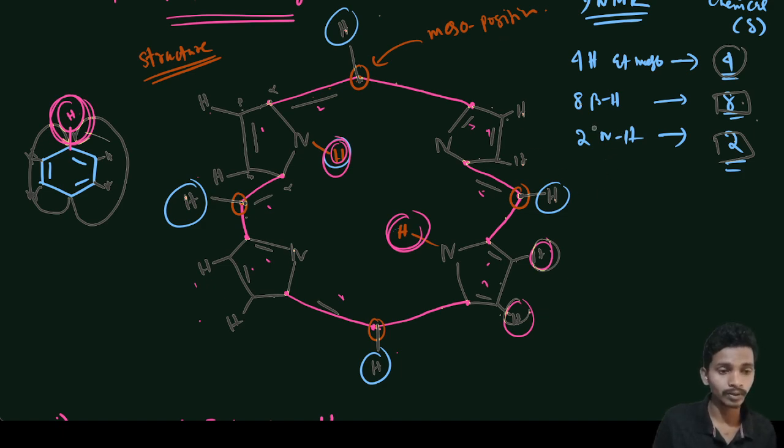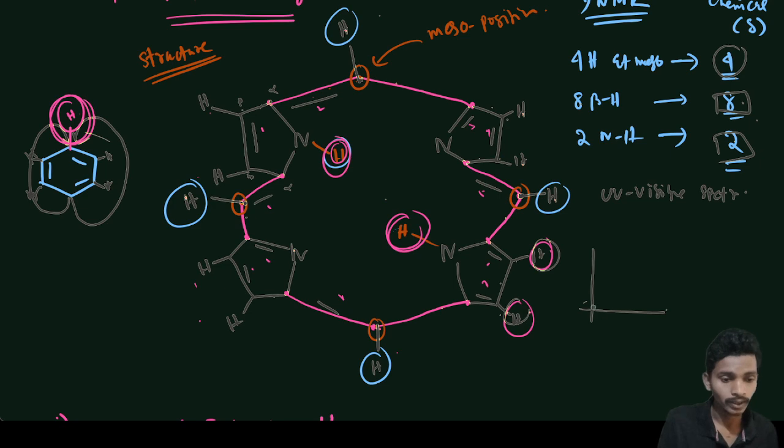Similarly, we will go for UV-visible spectroscopic characterizations. Okay, so what you see here in this structure, whenever you go for UV-visible, due to these pi bonds and this non-bonding electrons, electronic transition is happening.